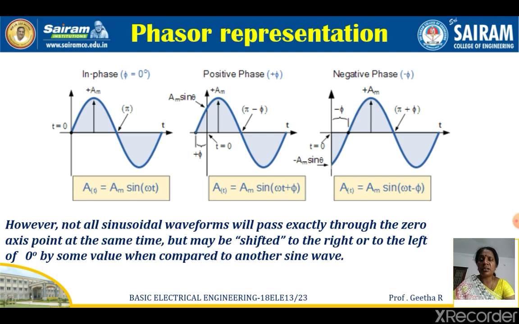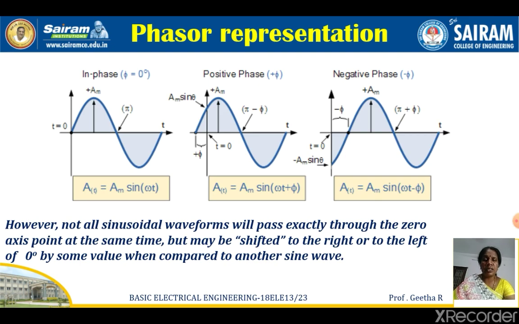When you consider the sine wave passing through the origin at time equal to 0, and treat that as the reference, and compare it with the waveform in the second figure, that sine wave has started a little earlier, by 5 degrees. Then the third waveform has started 5 degrees later.